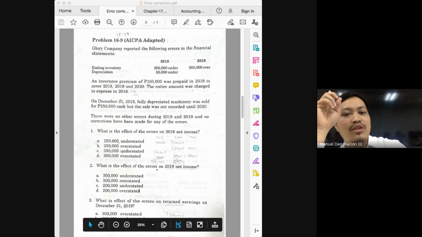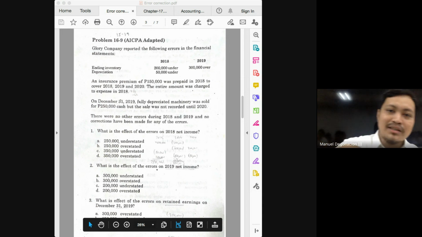So if the ending inventory in 2018 is misstated, that means the beginning inventory in 2019 is also misstated. Do you follow, class? Okay. But again, you will now have to analyze. Even though the problem did not expressly state it, you're expected to know that the 2019 beginning inventory is understated by 200. Where did we get that one, class? That is the understatement in the ending inventory in 2018.